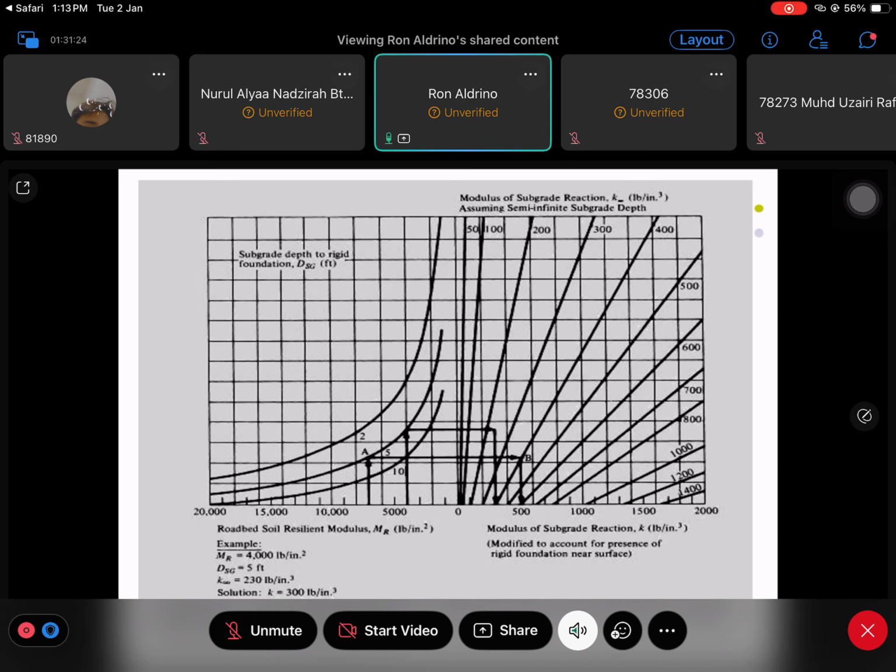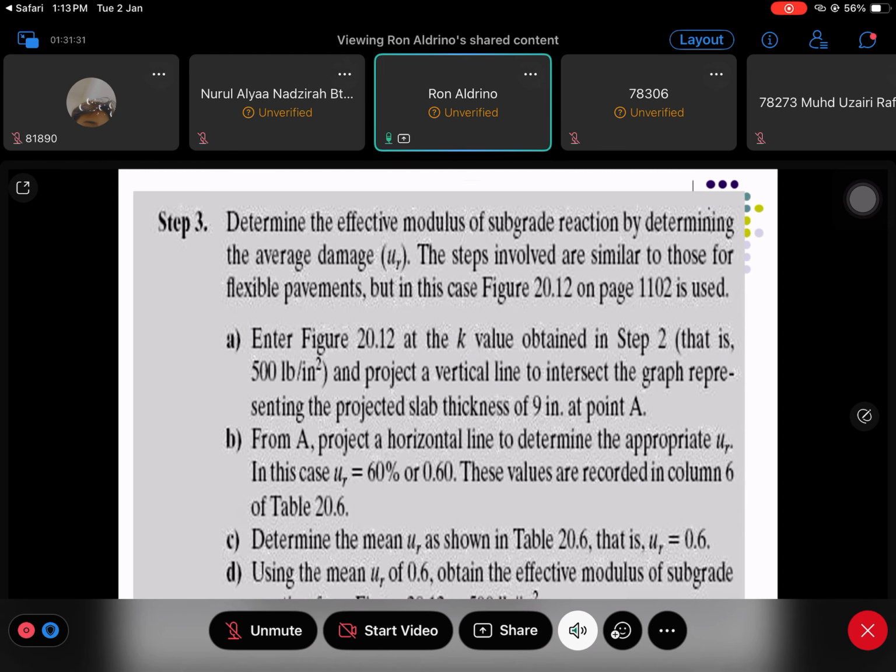But in AASHTO, it is still based on assumption. So you need to start with your first assumption, second assumption, third assumption, until you get the optimum value, until you obtain the right thickness that is not too expensive and yet sufficient to achieve the minimum strength for that particular road.